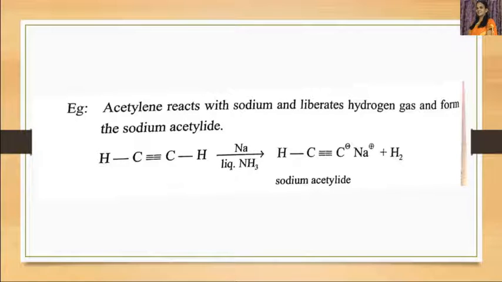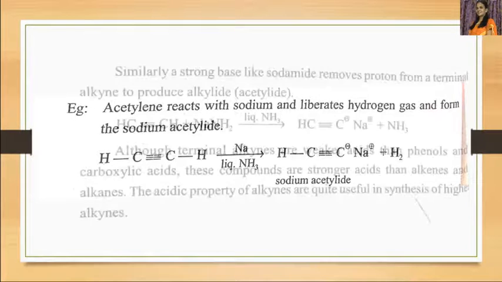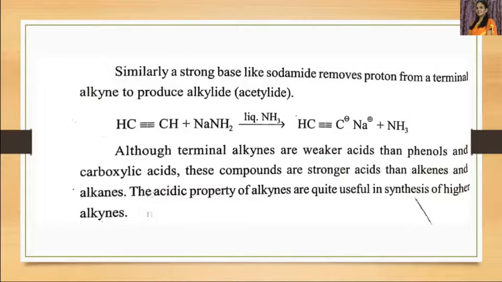From this reaction we can say that as this molecule is losing H plus, acetylene is acting as a weak acid. Now similarly, a strong base like sodamide also removes a proton from terminal alkyne to produce acetylide. Here is another example, the same acetylene.